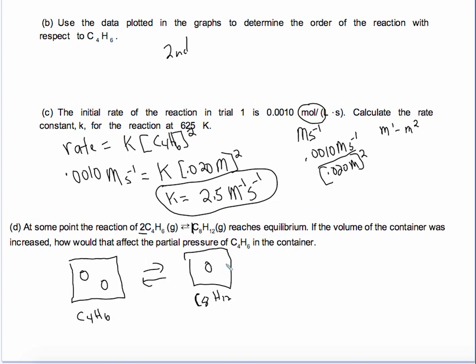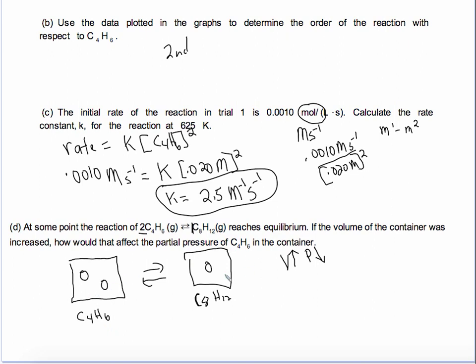I'm getting it from the number in front here, C8H12. Now, a lot of times, if the volume of the container is increased, that means the pressure is going to go down. And what will happen is this reaction will shift, one way or the other, to make that pressure go back up.